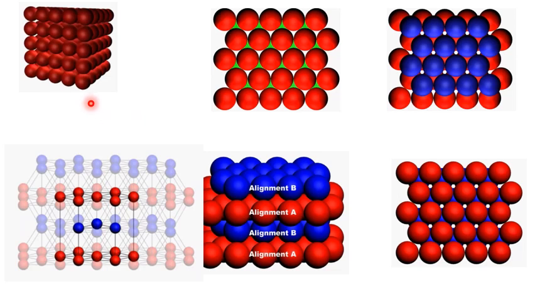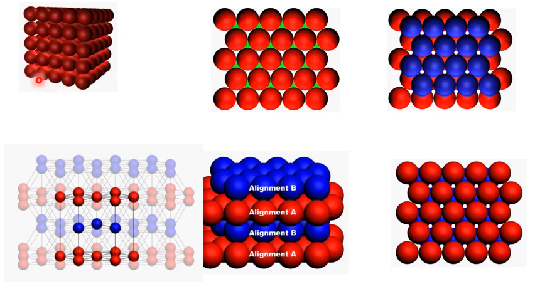Packing in three dimensions. For the first scenario, square close packed, taking the same way of packing, the second layer of atoms will go on top of the first layer, and the third one will go on top of the second layer, and so on.